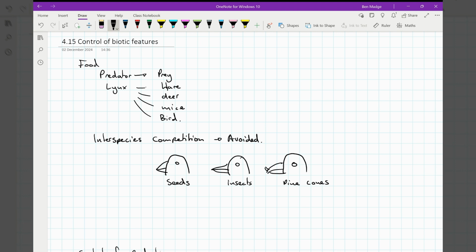And they might have defenses against becoming food. And this might be things like bad tastes, toxins, thorns, or camouflage.